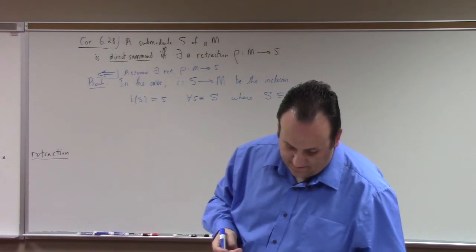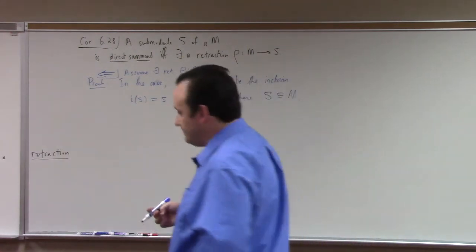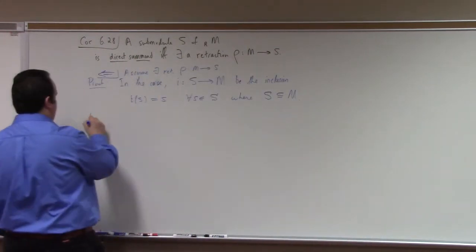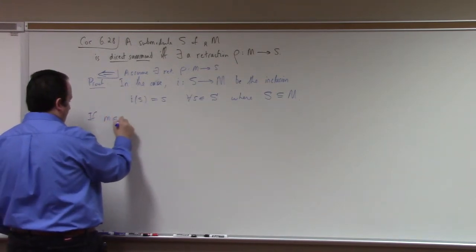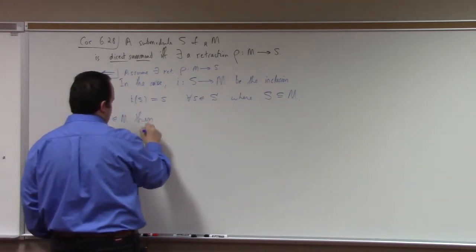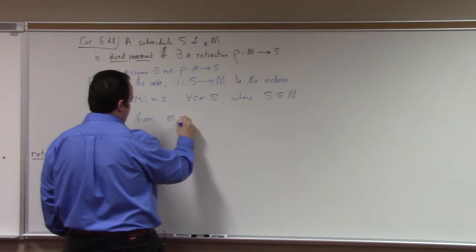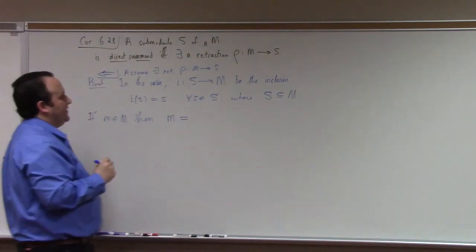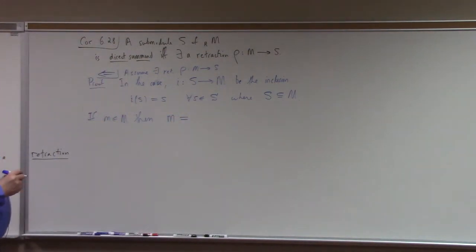Then what's his next move here? He says if m is in M, then we need to add 0. What we've got to work with here is rho, right? So basically we want to add and subtract copies of the retraction of m.